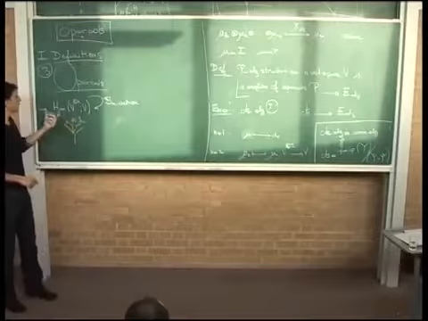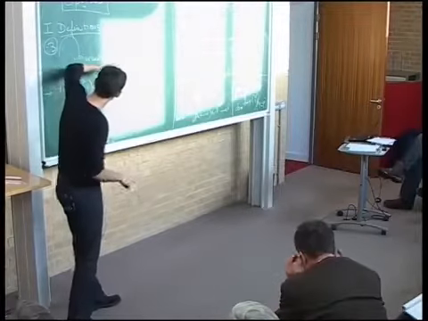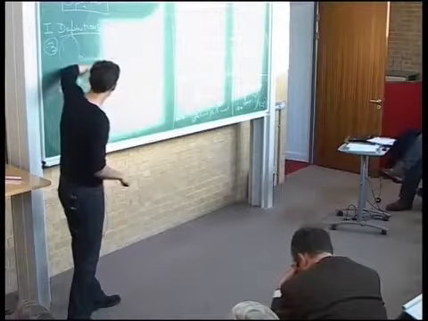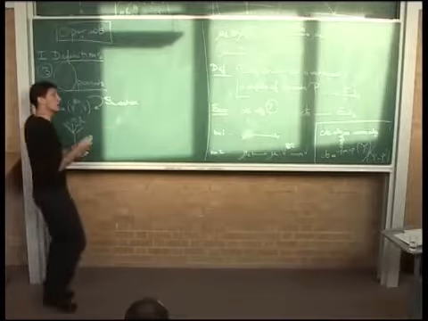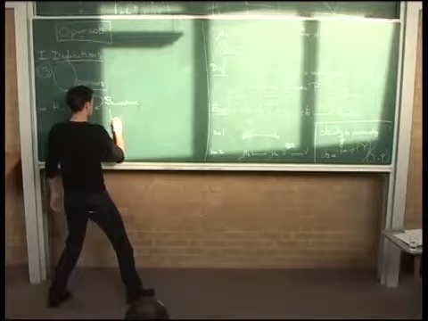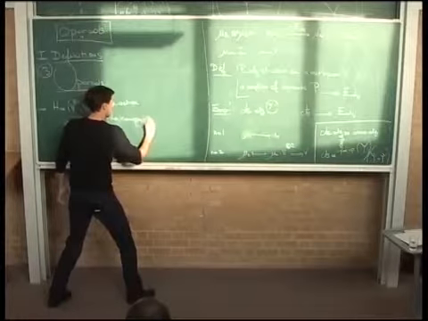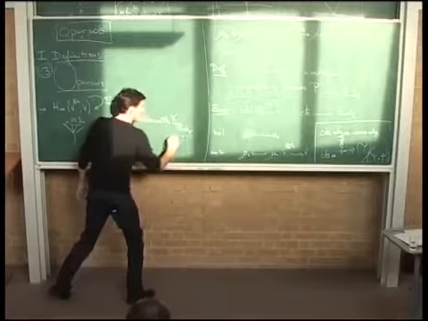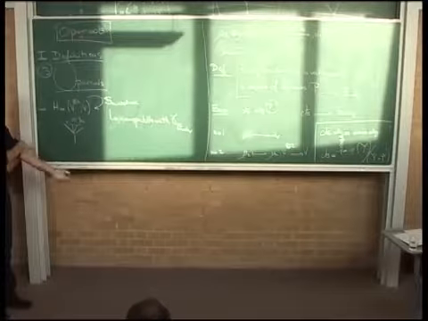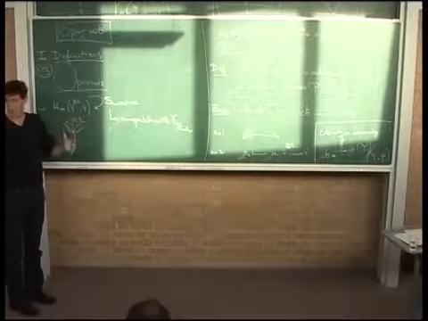So now this guy admits an action of the symmetry group, and this action is compatible with the composition in a certain way, with the composition of operations. So this action is compatible with the composition maps.